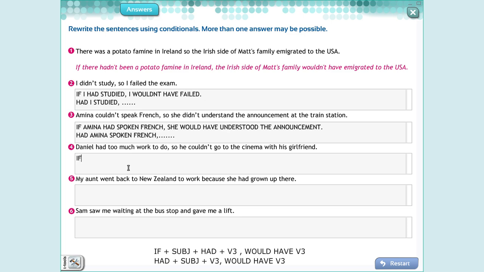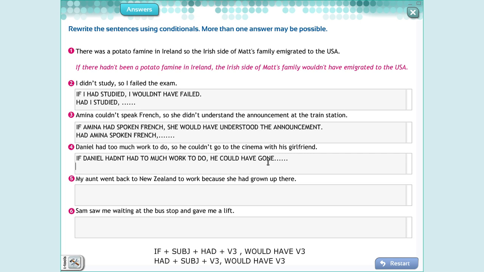If Daniel hadn't had too much work to do, he could have, remember that you can change would for could, have gone to the cinema with his girlfriend.